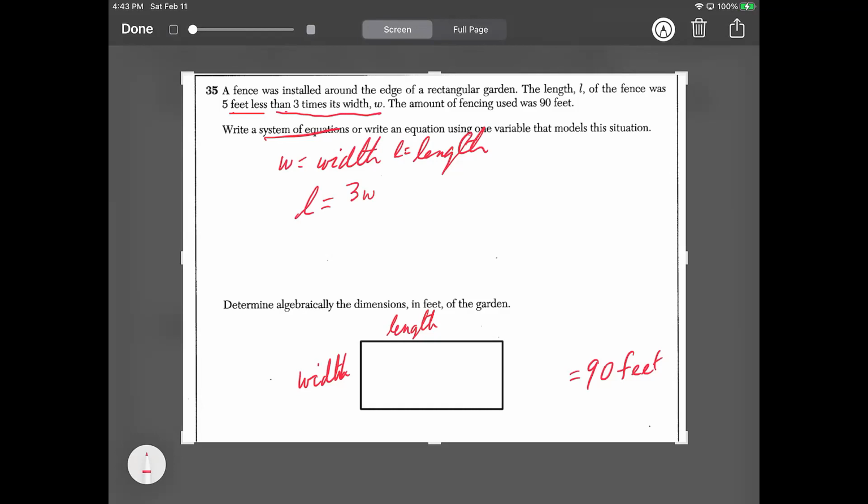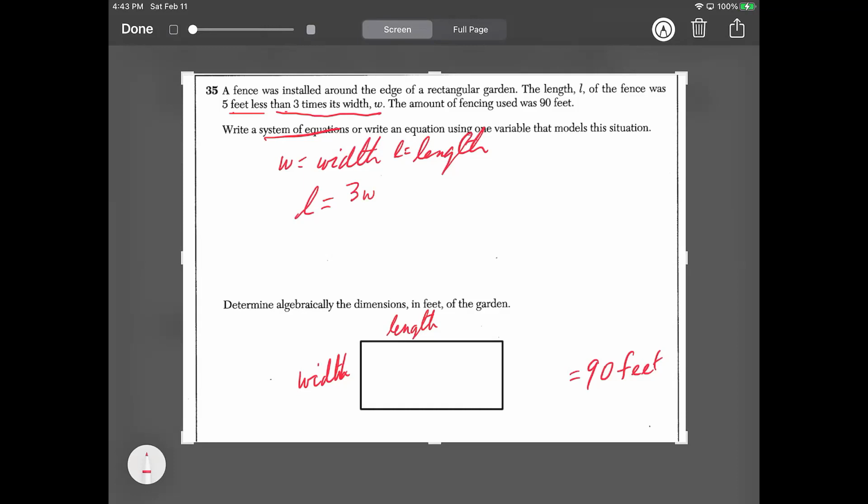That's the key. Whatever that value is, the length is going to be 5 feet less than that.